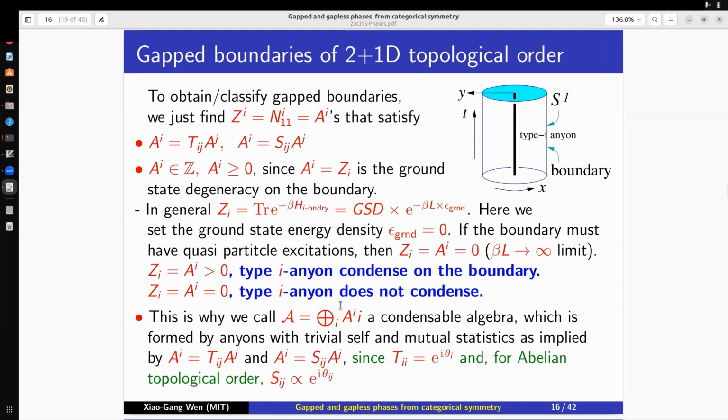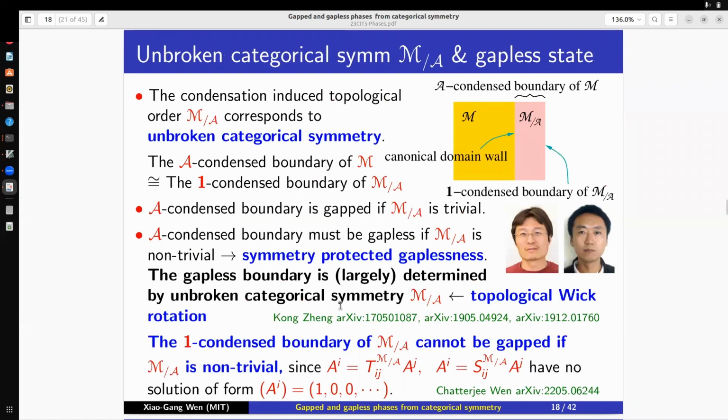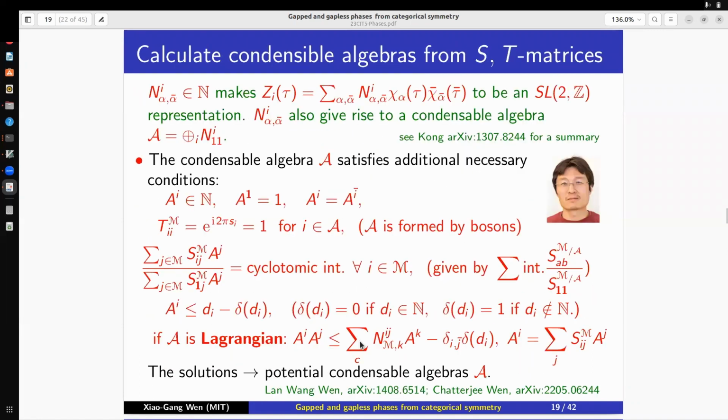So if you have a maximum set, those conditions also allow you to obtain a maximum set, or the Lagrangian one. If you do that, you basically obtain a gapped boundary. So this calculation is almost like trying to classify gapped phases with an arbitrary symmetry. Even for non-invertible symmetry, you can do the same thing.